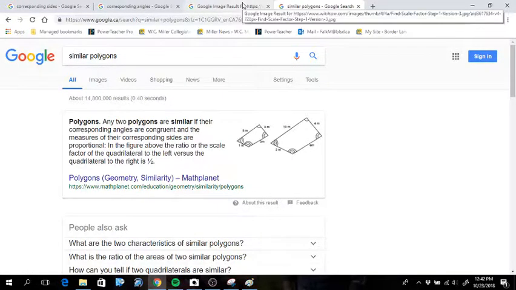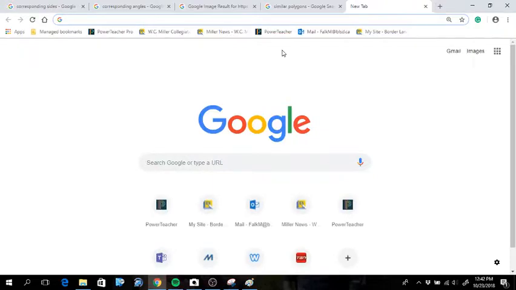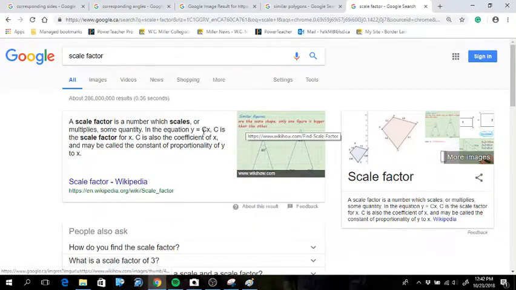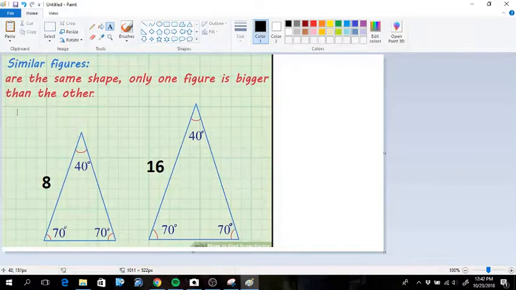Okay, and then a scale factor. So a scale factor is a number which scales or multiplies the quantity. So I have an image for you here for scale factor. So we've determined that these are similar because this 70 corresponds to that, 70 corresponds to that, and the 40 is 40.